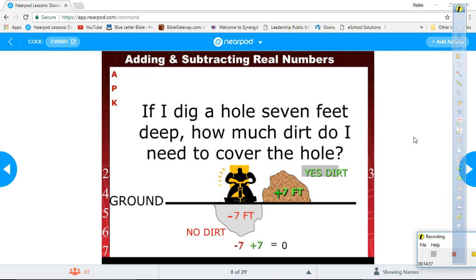The other way or method: last year, who remembers using the number line to add and subtract? Your teacher showed you guys using the number line? Yeah, right? The third way was using tiles. Have we started using tiles since last week? Yes, Mr. Q, we love them. Good. And this week, I just want to put them all together, and right now I'm going to do a quick review of the absolute value rule.